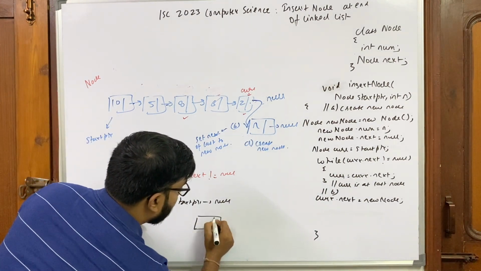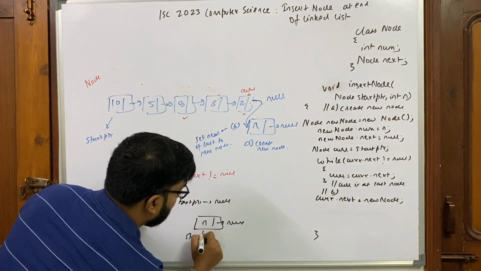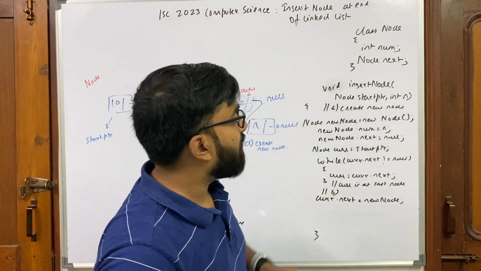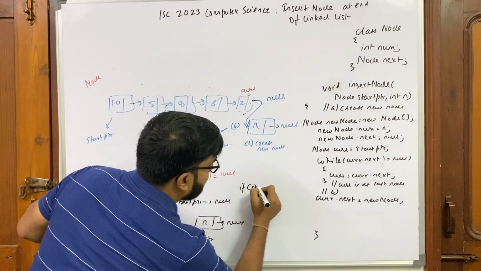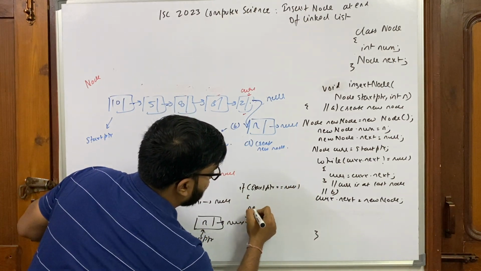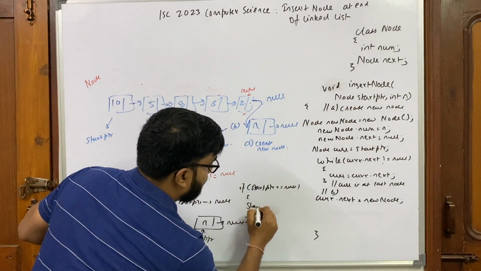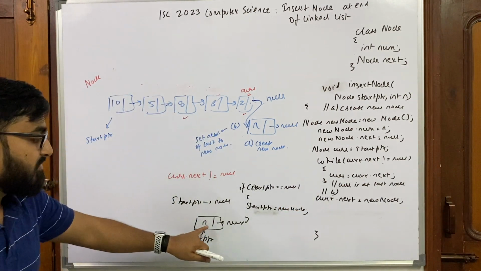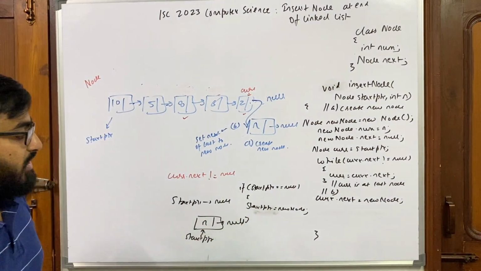So when you add the first node to an empty linked list, it will look something like this, okay? So we can add an if condition. If start pointer is null, I set start ptr to the new node, because my new node has the value n for the data and next set to null, and my start pointer should point to it.